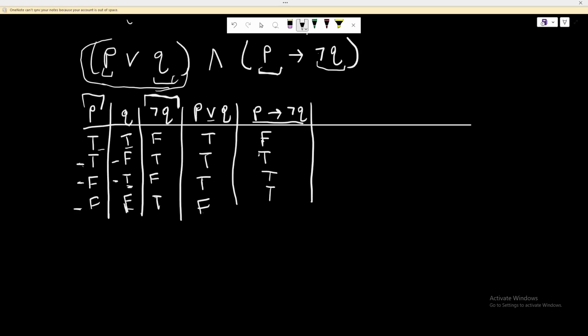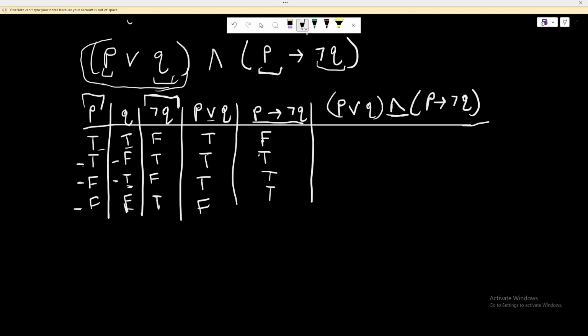And then since we have both parentheses, we can combine them, P or Q, and then it's and P implies not Q. And then we'll just look at each of these parentheses columns and use the rule of the and to make a decision on the values.